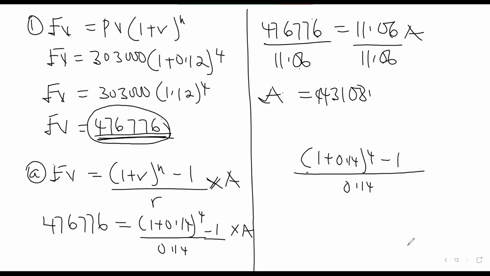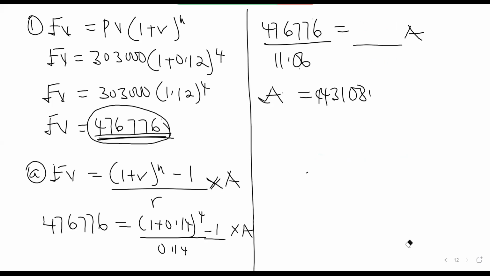So you do this first, subtract 1 from it before you divide the answer. I'm getting 4.921144. Okay, 4.92.